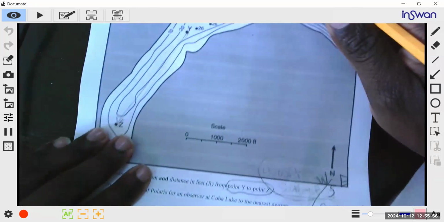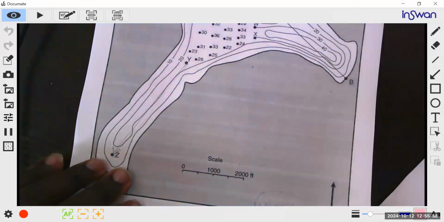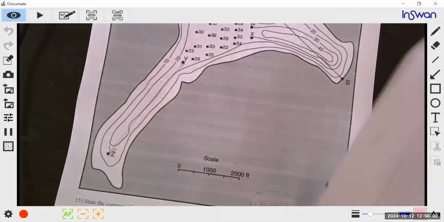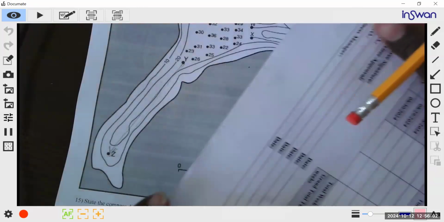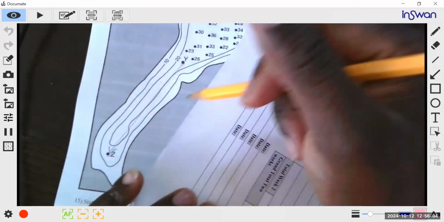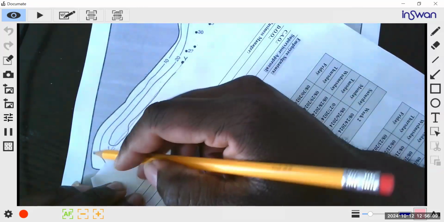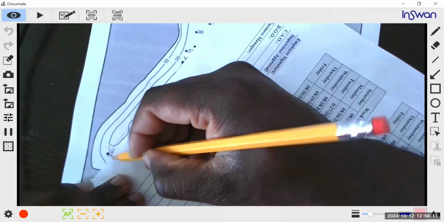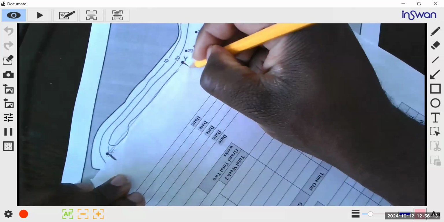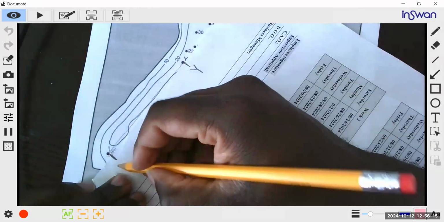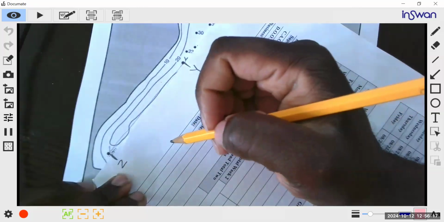Using this scale, I'm gonna look from point Y to point Z. All right, so when I take a look, this is a scrap paper. I'm gonna mark Y is here, and Z is here.